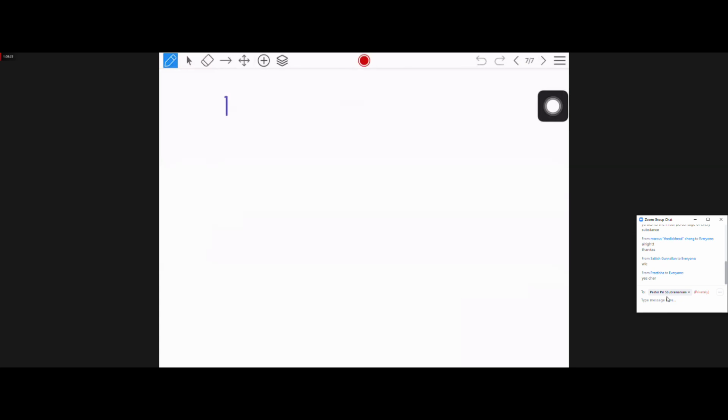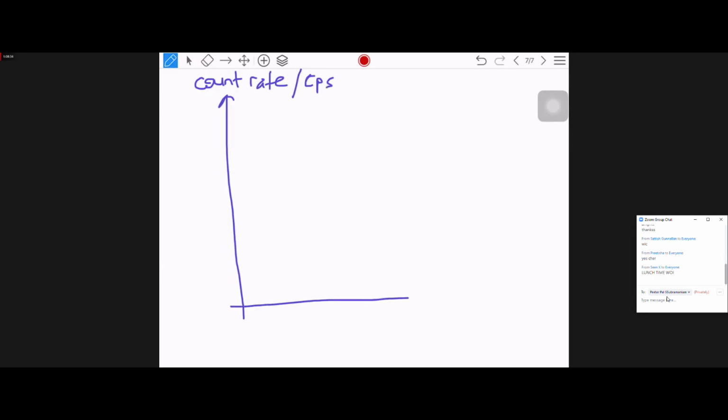Okay, see here. This is the count rate, maybe count per second. This is the half-life. Maybe it is 8 days. So what we'll get here is 8, then 16, then 24, then 32.